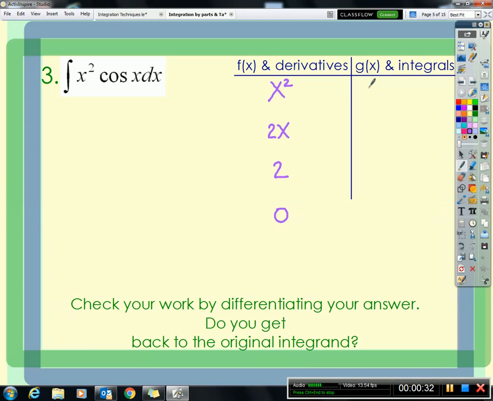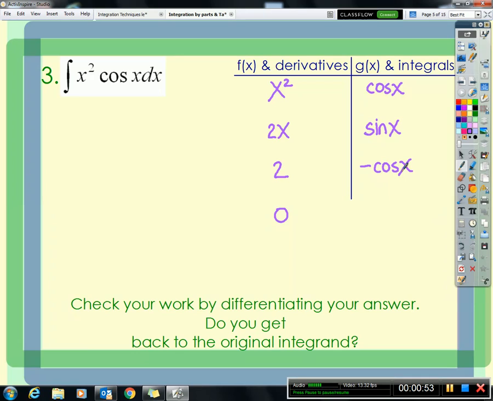I'm going to let g of x be cosine x. Its antiderivative is sine x, because remember, when I differentiate sine x, I get cosine x. Its antiderivative is negative cosine x.